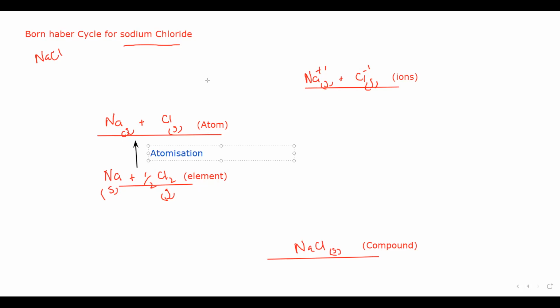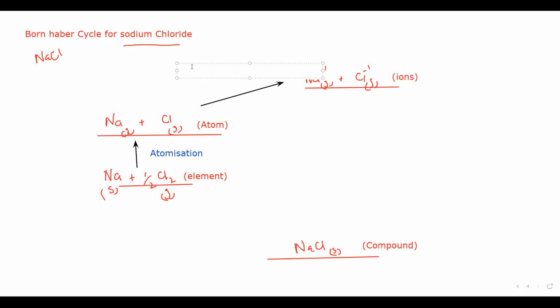Then atoms form the ions, and there are two things. For positive ions, it is ionization because an electron is removed, and for negative ions, it is affinity because an electron is added.